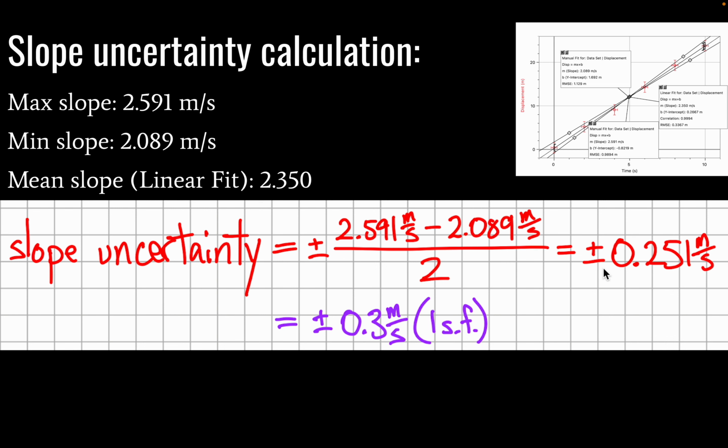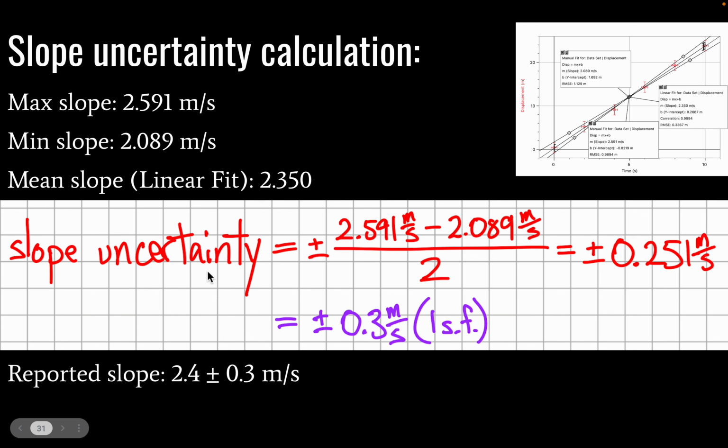And what we're going to find is that our slope uncertainty here is equal to plus or minus 0.251 meters per second. And again, we'll round that off to 0.3 meters per second for one significant figure. So that means that our reported slope should be 2.4 plus or minus 0.3 meters per second.